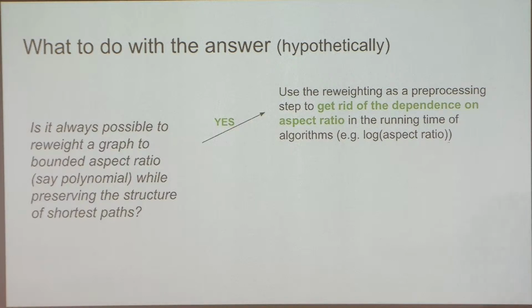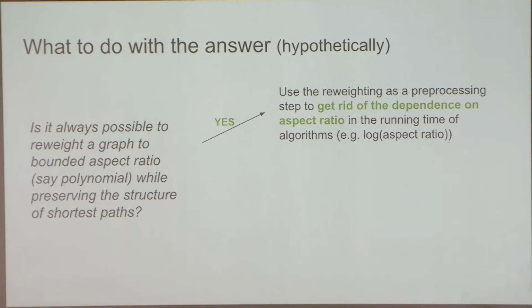In particular for shortest paths, many algorithms have some dependence on the aspect ratio. Oftentimes it's log aspect ratio, especially in dynamic, distributed, parallel and other settings. There's oftentimes a log W factor because they're doing some kind of bucketing of the weights.